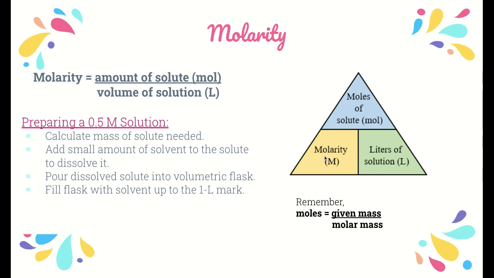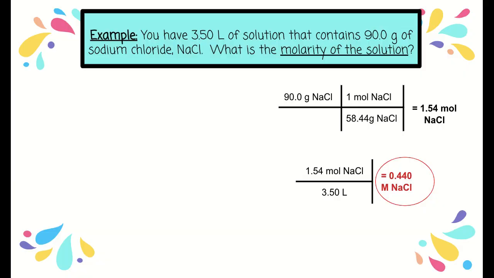So if I have the amount of moles and I need to know how many liters that's going to produce, you can divide this here with the molarity. So vice versa. If you need to know the moles of the solute and you have the molarity in liters, you can multiply those. You guys know how this works. So depending on what you're looking for, you can use these relationships to solve for your missing variable.